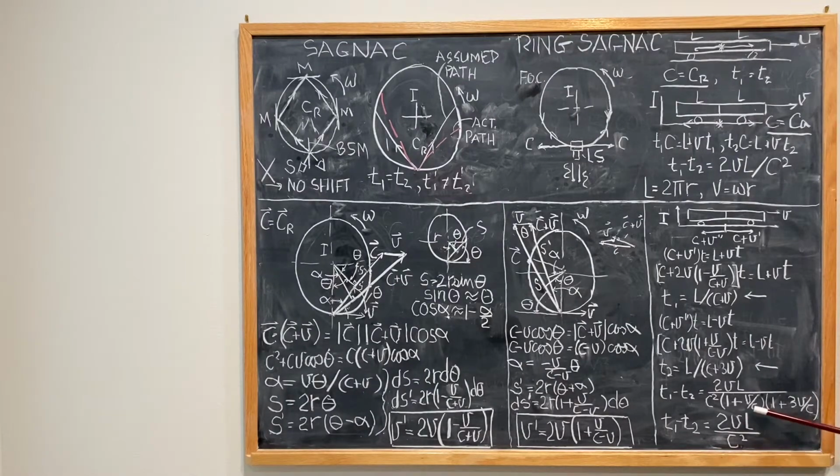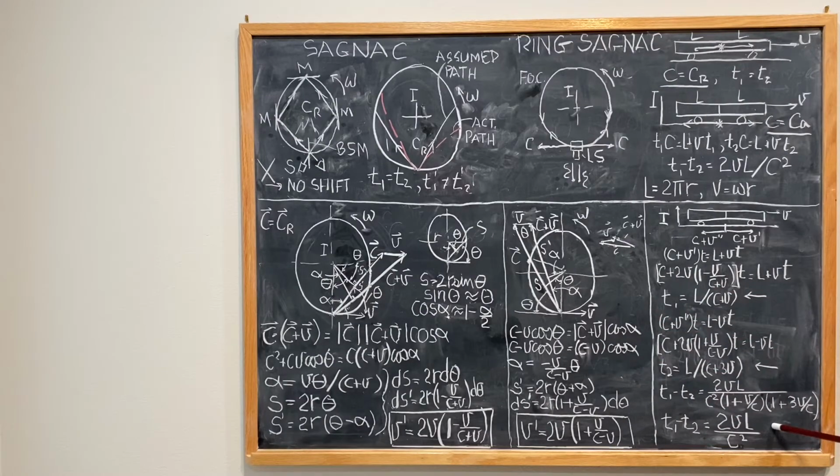The same approximation is done when you get to this expression up here, so that you get t1 minus t2 is equal to 2vL over c squared, which is the same as the classical result found by the assumption that the speed of light is relative to its source.